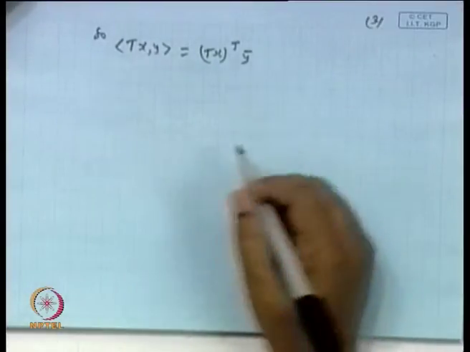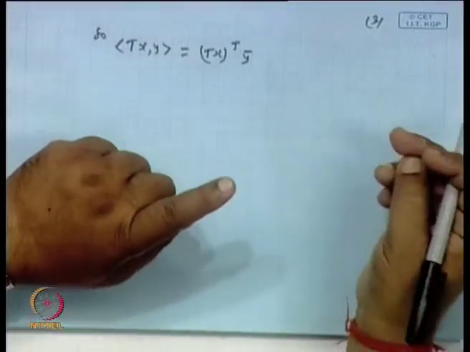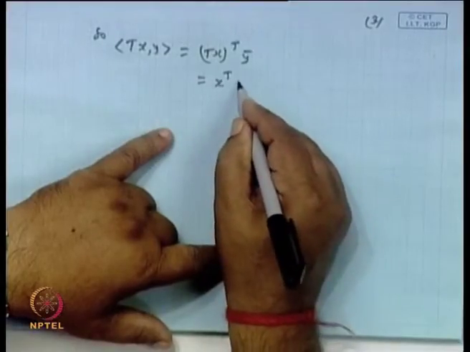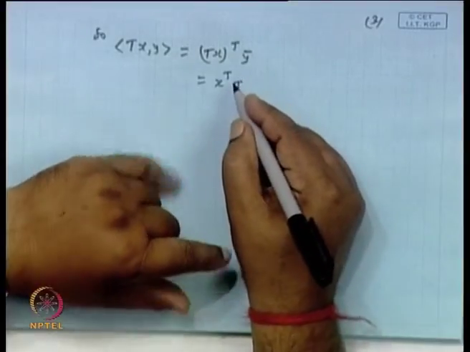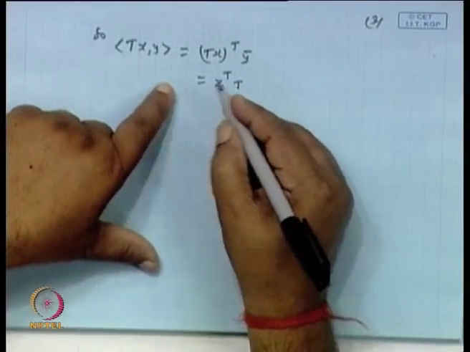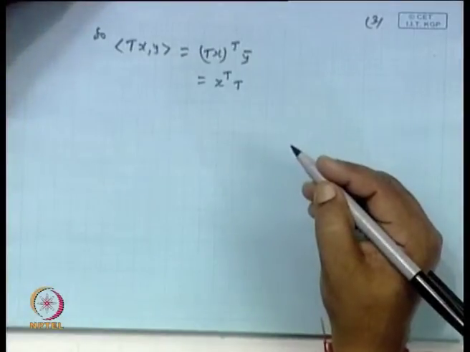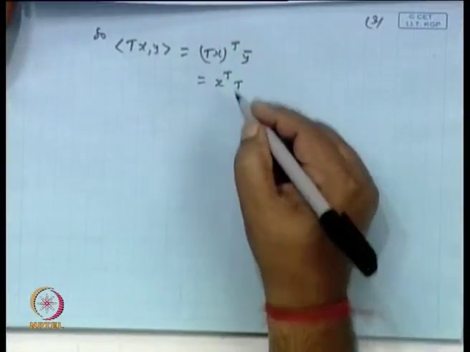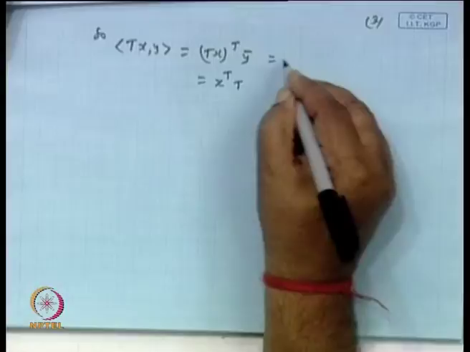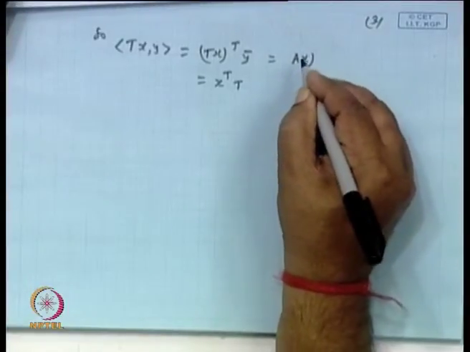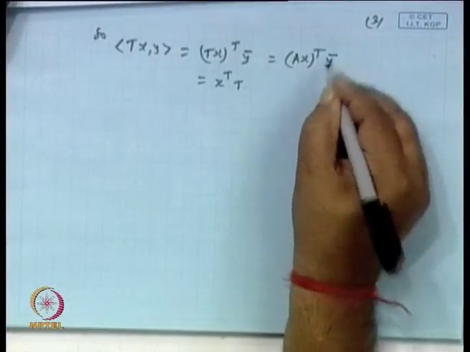But (AB) transpose is B transpose A transpose. So from here we get x transpose T transpose, where T is defined by Ax. So I will write this as (Ax) transpose y bar.